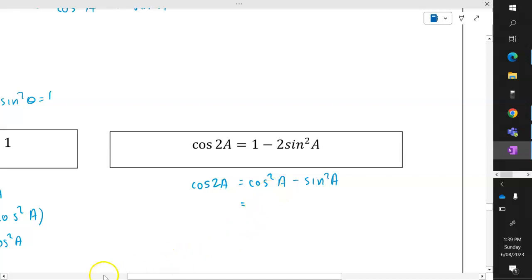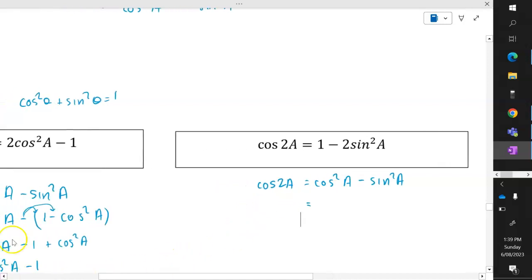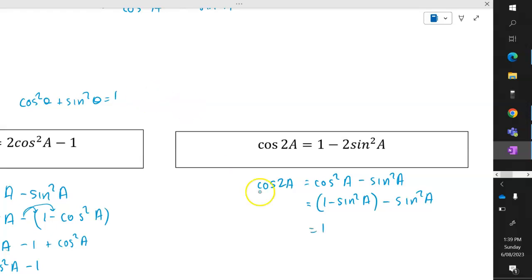So we're going to remove the cos using our cos squared plus sine squared is equal to 1. So cos squared is going to be 1 minus sine squared A, and we're going to take off another sine squared A. So it's 1 minus sine squared A minus another sine squared A, which is 1 minus 2 sine squared A.